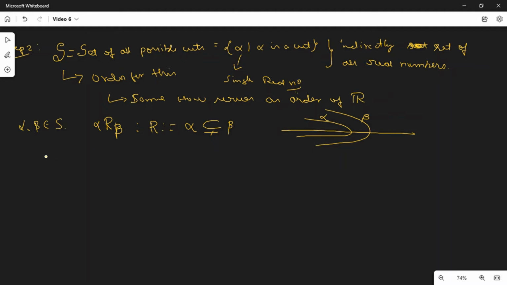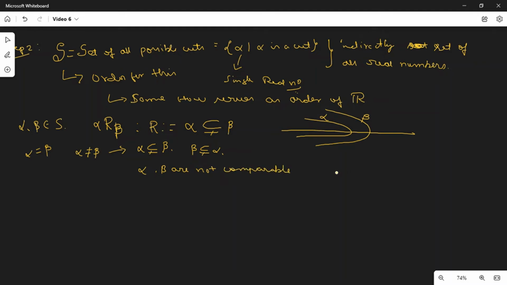When two alphas are given, they may be equal to each other, or may not be equal to each other. If not equal, alpha may be a proper subset of beta, or beta may be a proper subset of alpha, or they are not comparable.